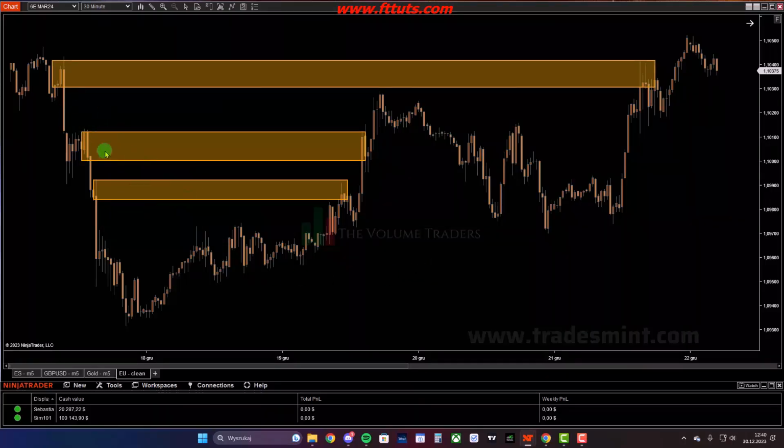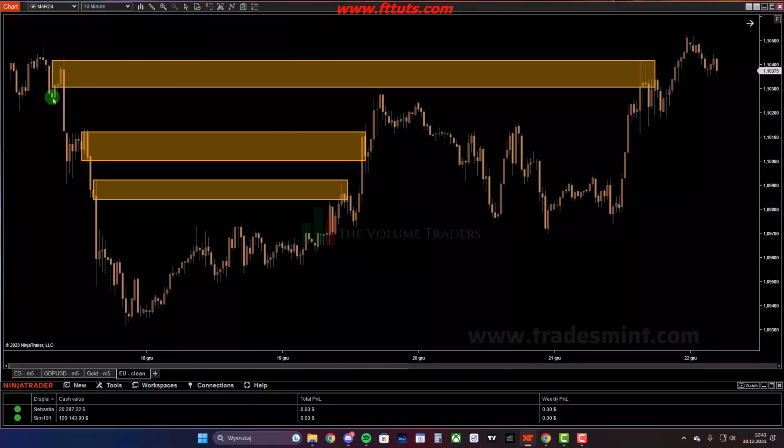This is based on just a candlestick chart. I'm loading my charts and I see the first picture, the first initial zones. And also something important: every time the price approaches some zone, it's making it weaker. So this is why I prefer to use the zone only one time.